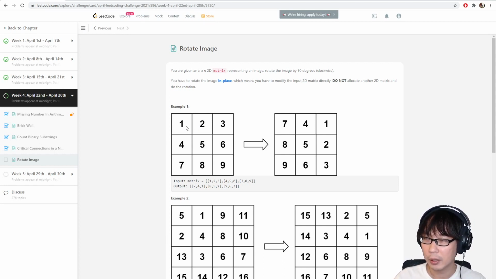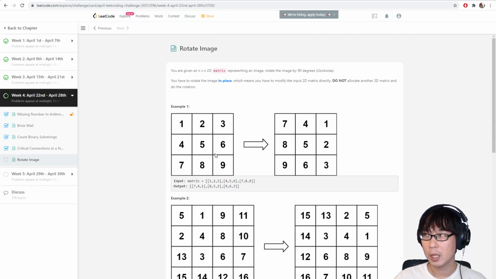Originally the 1 starts in the top left corner, and now 1 becomes the top right corner, and then it's from top to down, which is 1, 2, 3. So the input matrix is 1, 2, 3, 4, 5, 6, 7, 8, 9, and then it will become 7, 4, 1, 8, 5, 2, 9, 6, 3.